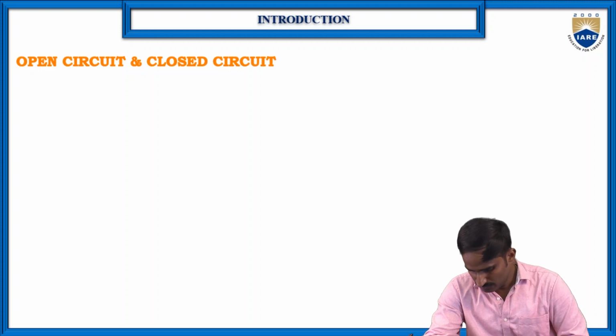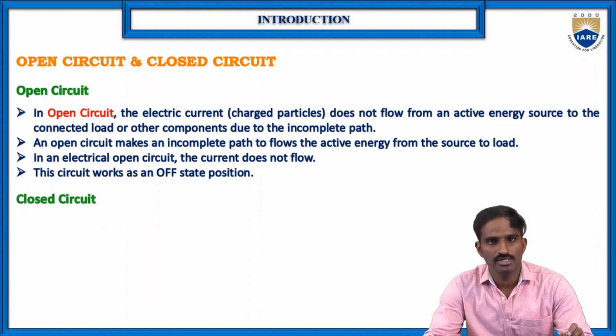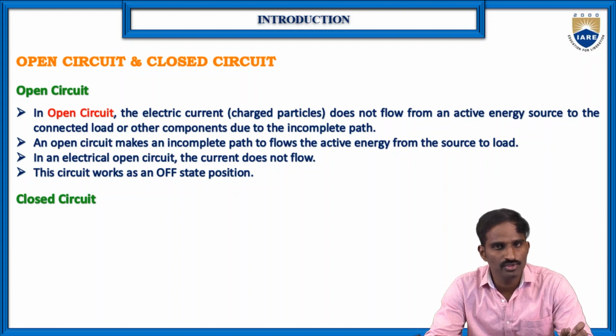Okay, so here in an open circuit, the electric current does not flow from an active energy source to the connected load or other components due to the incomplete path. Which means the electric current will flow only in closed circuits.